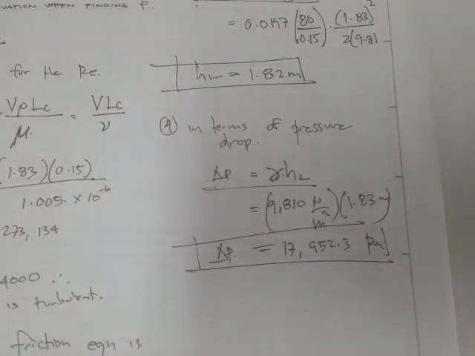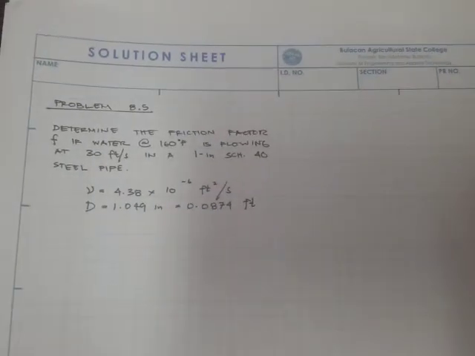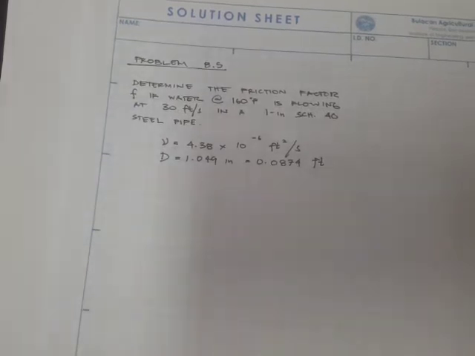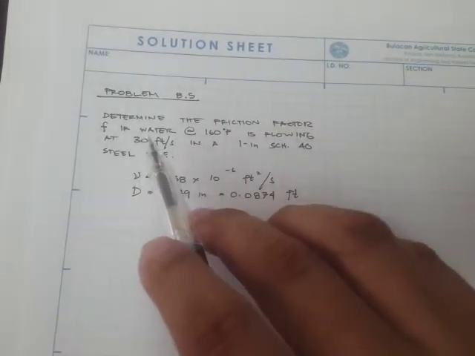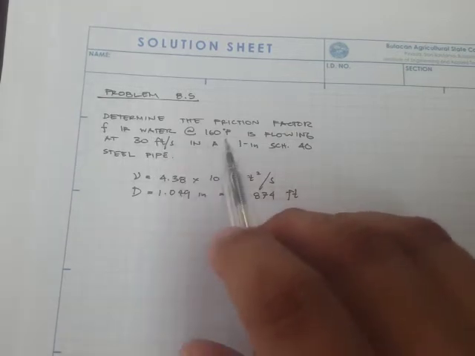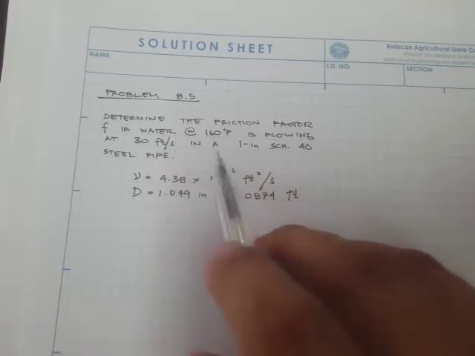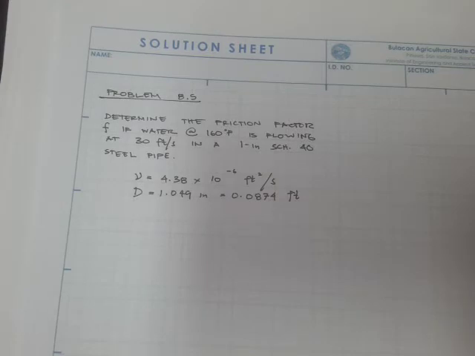Alright, now we will use the Moody diagram in finding the friction factor. For that, we will have this problem. Determine the friction factor F if water at 160 degrees F is flowing at 30 feet per second in a 1-inch schedule 40 steel pipe.